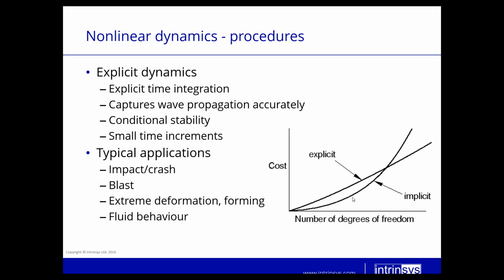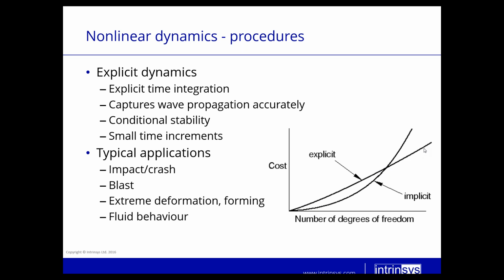is usually a better choice for dynamic analysis, but after a number of DOFs, the explicit analysis is usually a better choice because the time it takes increases pretty much linearly with the number of elements, while the implicit is a power law.